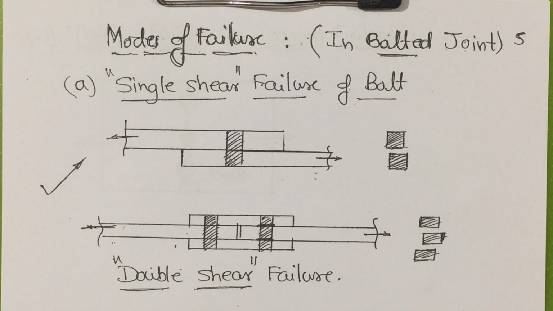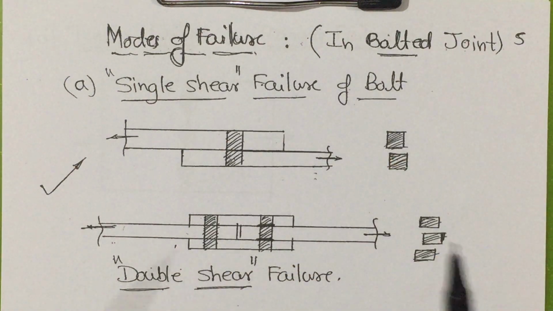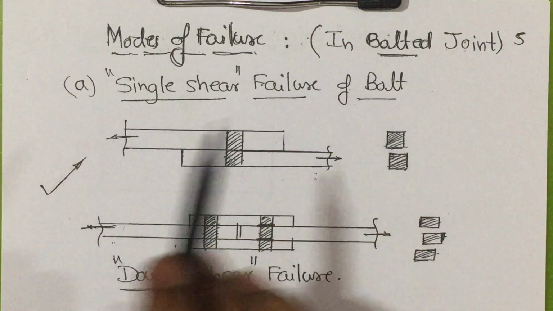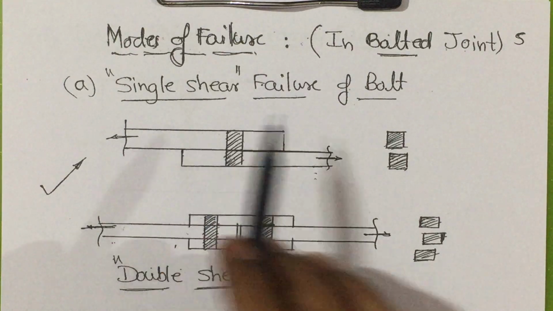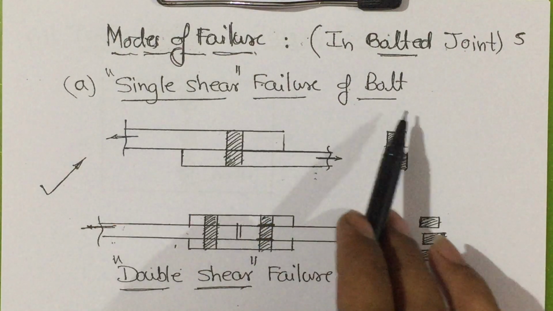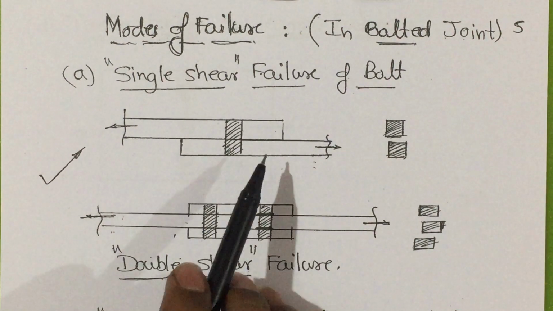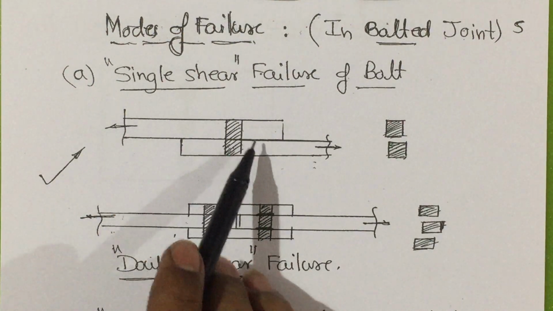Then if we come to the modes of failure in a bolted joint, here also different types of failures are there, like single shear failure of the bolt, that is, shear failure of the bolt. It may be single shear or double shear. What do you mean by single shear? Shear is nothing but a slide.